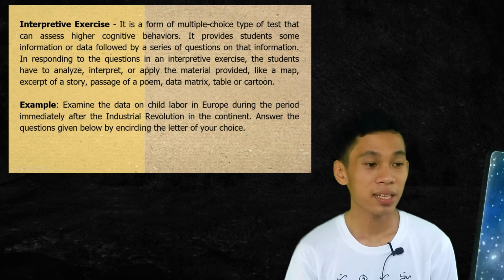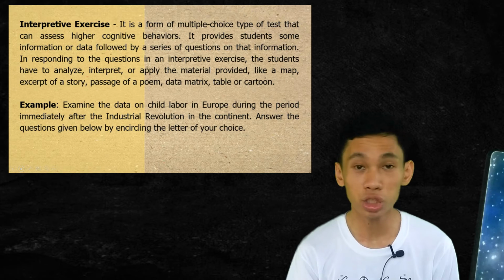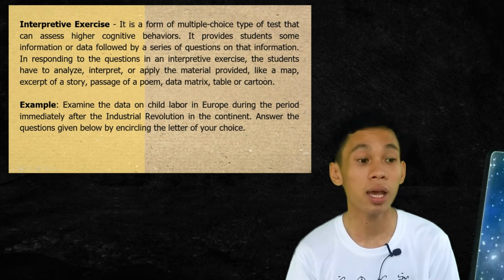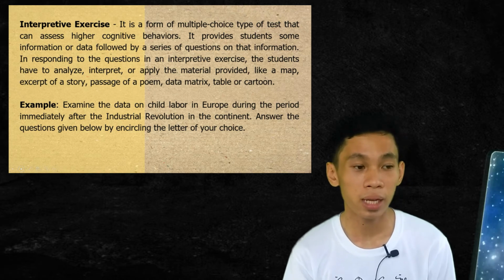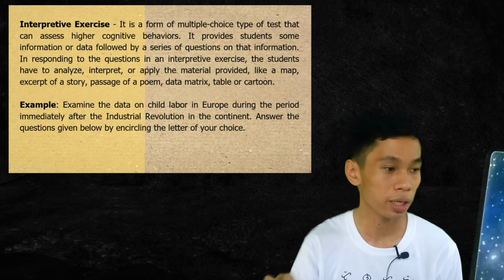Example, examine the data on child labor in Europe during the period immediately after the Industrial Revolution in the continent. Answer the questions given below by encircling the letter of your choice. So dito sa interpretive exercise, usually magbibigay dito ng pwedeng graph or ng table si teacher and then i-interpret yun ni student.